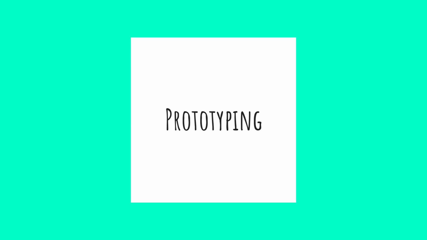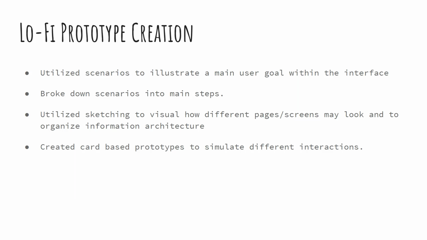So I experimented with a couple of methods for low fidelity prototypes and high fidelity prototypes. The ones I had the most success with were Adobe XD, thanks Cassie, and Fluid UI. And for low fidelity prototypes, I mainly just utilized a card-based prototype.